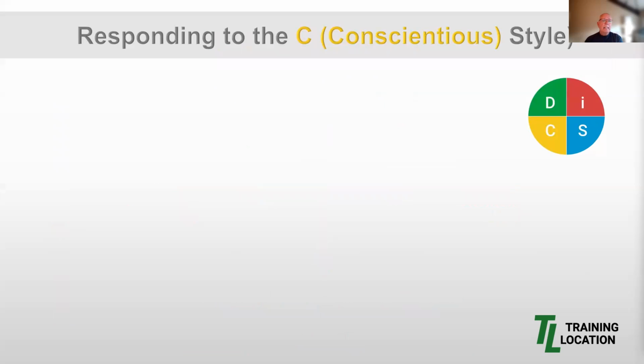Now, to prepare us for today's learning, I want to review the C, or conscientious, style descriptors from a previous blog on our website. As noted, the C style has a generally more deliberate pace, coupled with a task orientation priority. They tend to be not overly sociable and can work tirelessly on tasks until they're done according to their high standards.